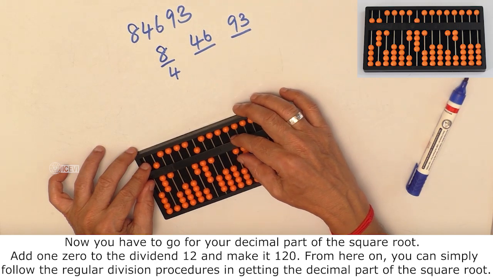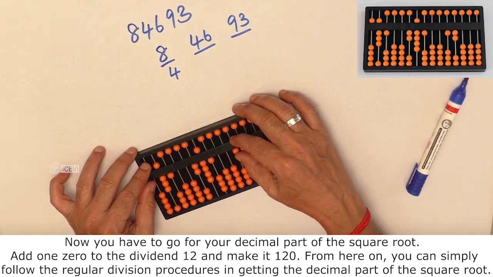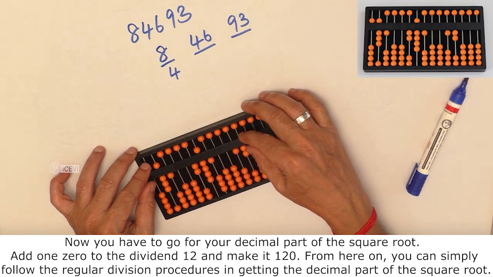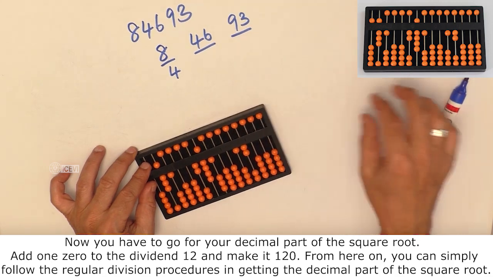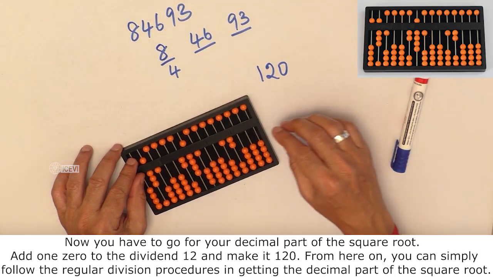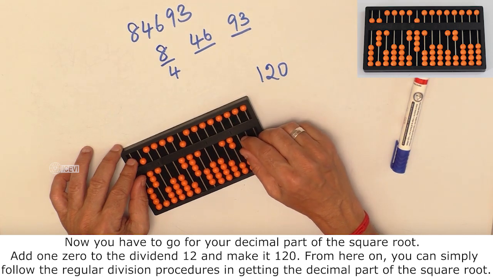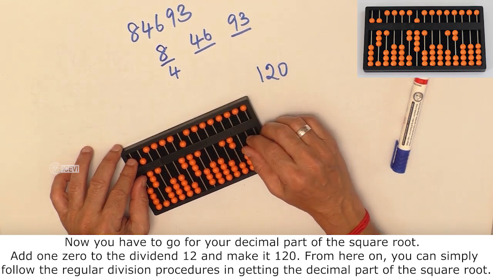Now you have to go for your decimal part of the square root. Add 1 0 to the dividend, which makes it 120. From here on, you can simply follow the regular division procedures in getting the decimal part of the square root.